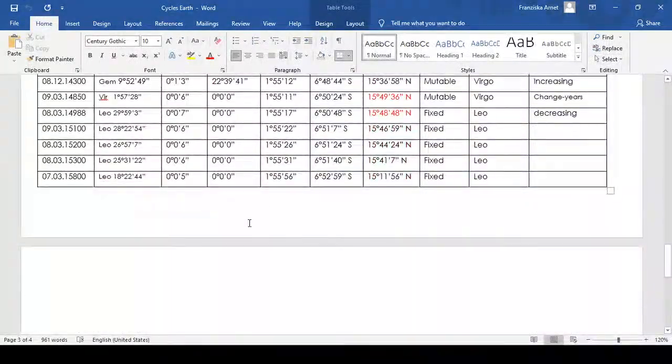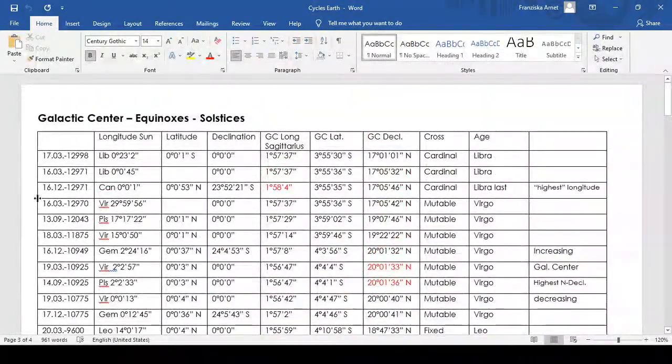And if there is anywhere somebody who has access to an actual astronomy program that would show such a path over X amount of millions of years and not just a few 10,000, then I would be very, very happy to see that.